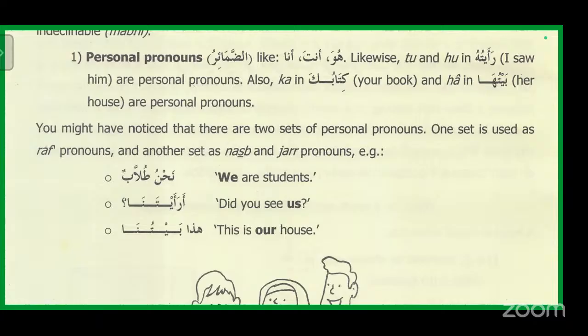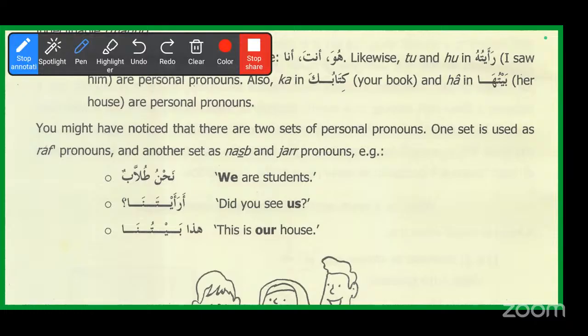Example, nahnu tulabun, we are students. Ara'aytana, did you see us? Haza baytuna, this is our house. Is this clear? This is clear. What I refer to as subject pronouns and object pronouns. This is a subject pronoun.